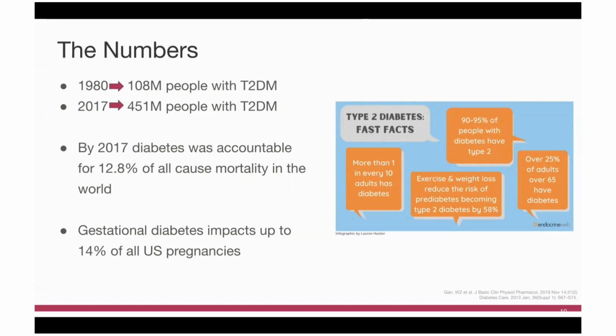By 2017, diabetes was accountable for 12.8% of all-cause mortality in the world. And gestational diabetes impacts up to 14% of all pregnancies. And again, with gestational diabetes, there's a significantly higher likelihood both the mother and her offspring will develop type 2 diabetes within their lives. Of the people who have diabetes, 90 to 95% of them have type 2 diabetes.